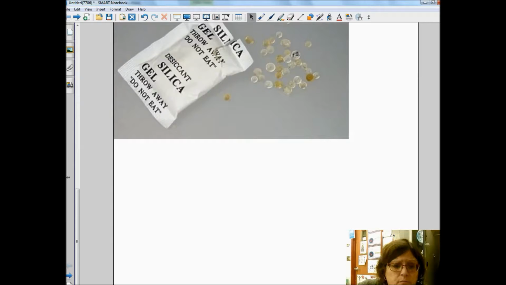So you saw in that little segment a company that sells desiccants. A desiccant is exactly that. It is something that is hygroscopic. So I'm going to throw that word in there.